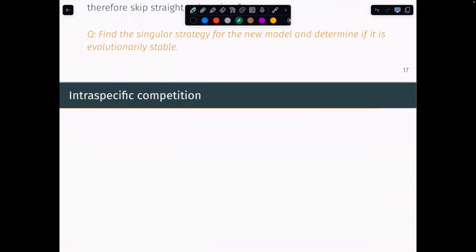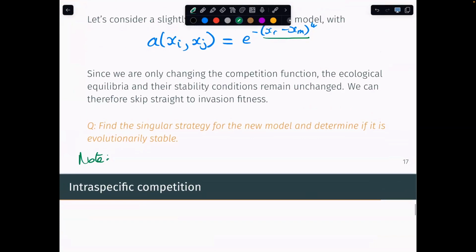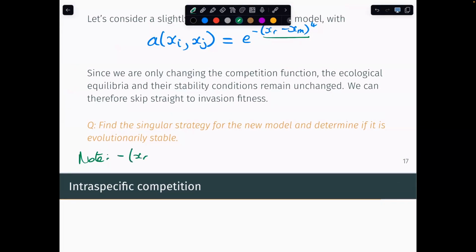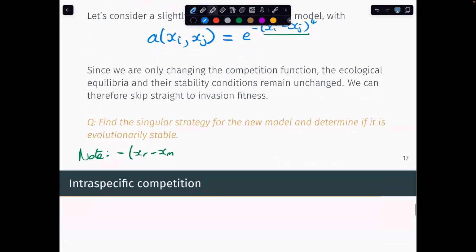Okay, before I get started, I'm just going to do a quick expansion here. We've got this term, which is a little bit more complicated than before. Before we had something that was quadratic. Sorry, I've got these as XRs and XMs, but these should be XIs and XJs. In fact, I'll leave these down here as XRs and XMs because we're going to be talking about XRs and XMs. It doesn't actually matter which order we have this in.